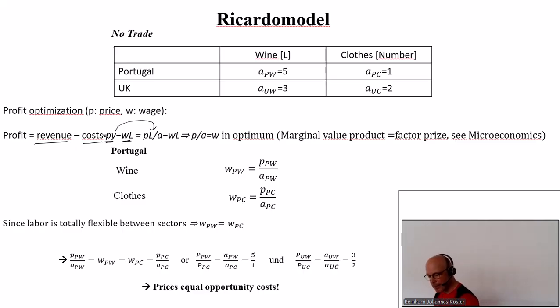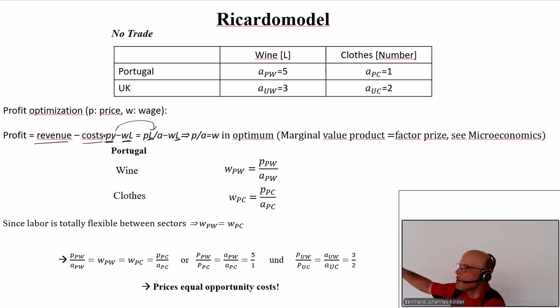And what we can just directly see in this case, since everything is linear, we do not have to take a derivative and set this to 0, because we see here we have L linearly in the revenue part, and we have L linearly, of course, in the cost part.